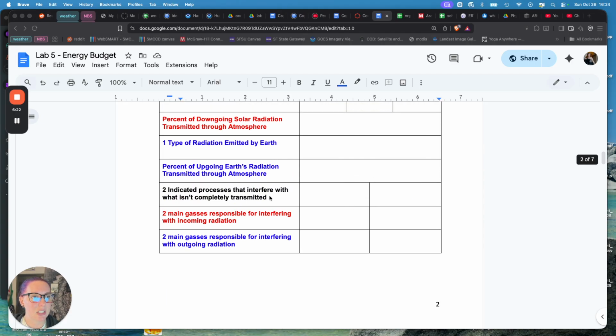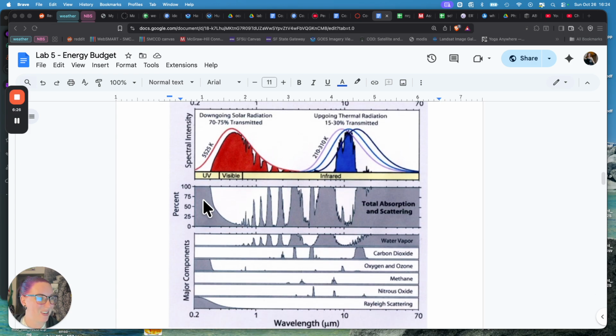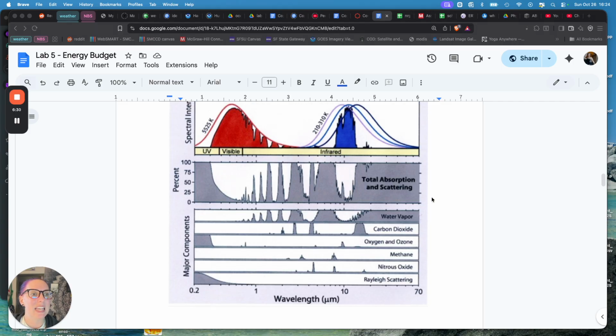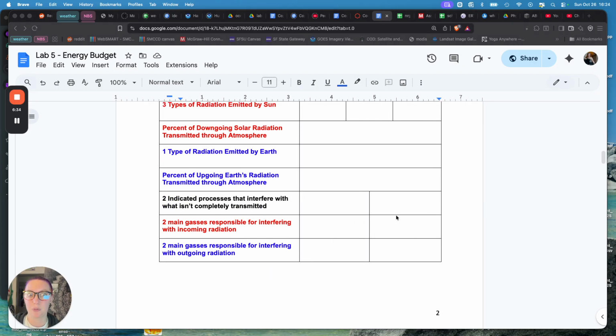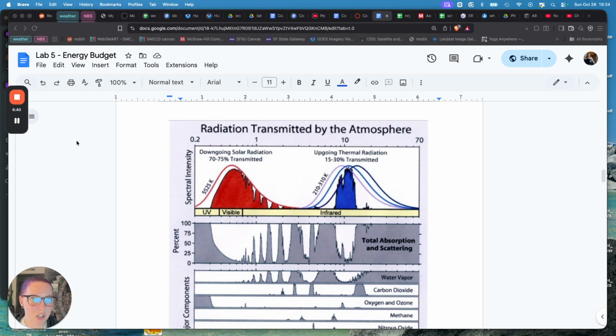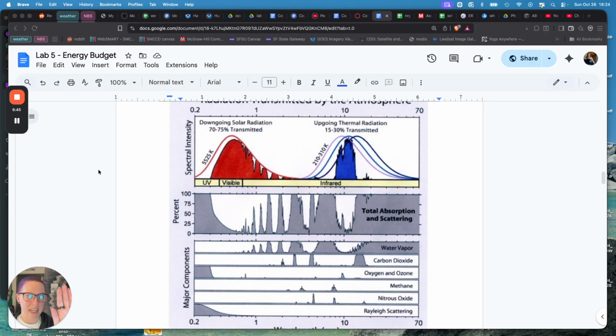And then I ask for 2 processes that interfere with what isn't being transmitted. I don't want to say them out loud, but again, it's indicated here. And then the idea with the second part, the gases responsible for that interference, either on the sun side or the earth side, is that you can take a piece of paper and put it up to your screen if you want.